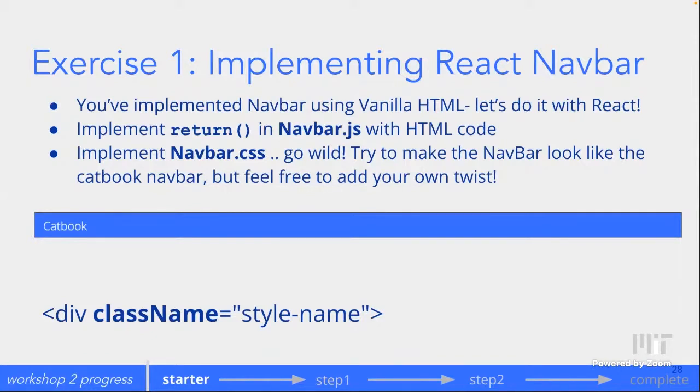And then you can go to navbar.css and add some styles. Feel free to go wild. You don't have to make it exactly like what the Catbook navbar is. You can color it however you want. I'll give you guys 5 minutes to do that. And if you need help, raise your hand or put yourself on the help queue. Our staff will come around.